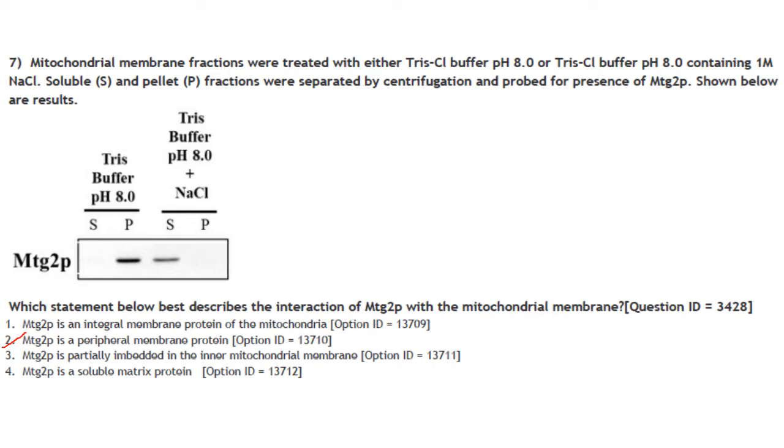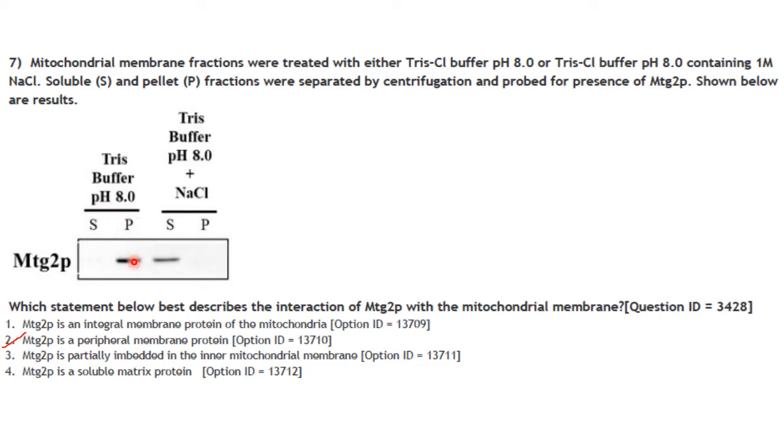Now, MTG2P is a peripheral membrane protein, and a treatment with the tris buffer alone is not sufficient. So that is why it did not appear in the soluble fraction and appeared in the pellet. That is over here. This is the first. It did not appear in the soluble fraction, but it appeared in the pellet.